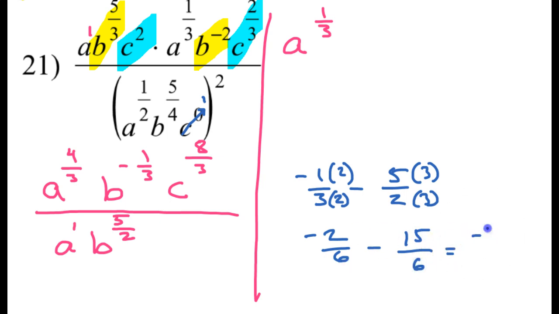Alright, so that's going to be negative 17 over 6. So that means I will have b to the negative 17 over 6 power. And that just leaves the c up there, so that's still going to be c to the 8 over 3 power.